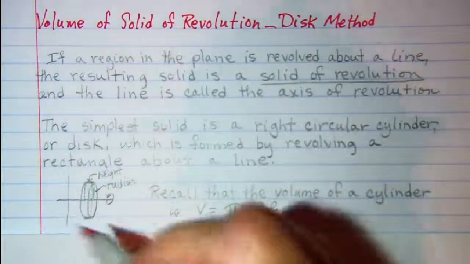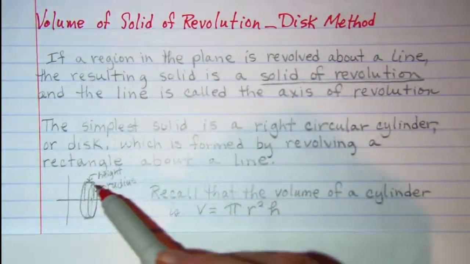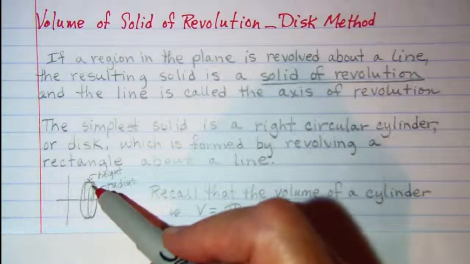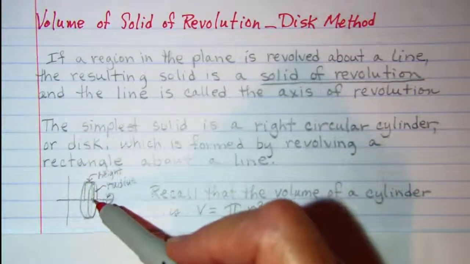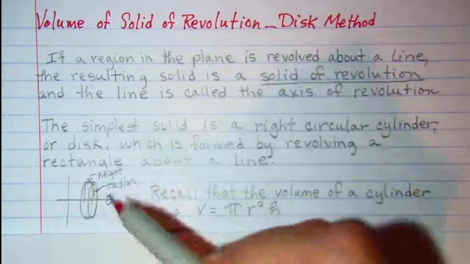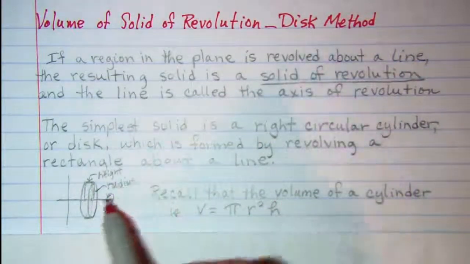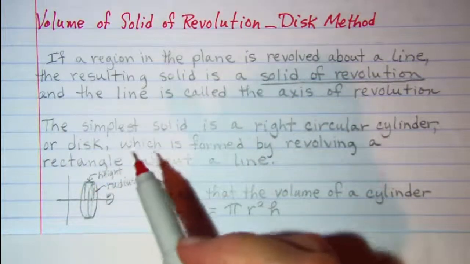Over on the side here you can see a disk or a cylinder. The radius is this distance right here from the axis up to the edge of the cylinder, and then the height would be the thickness of the disk.